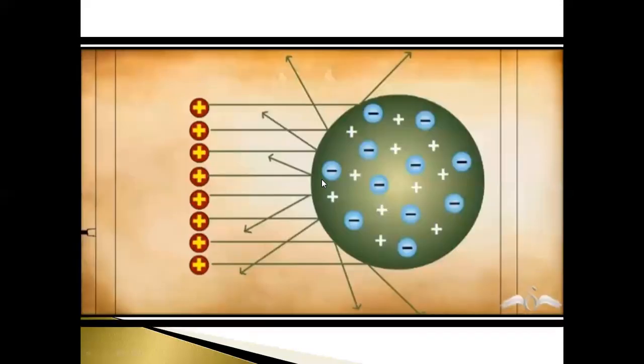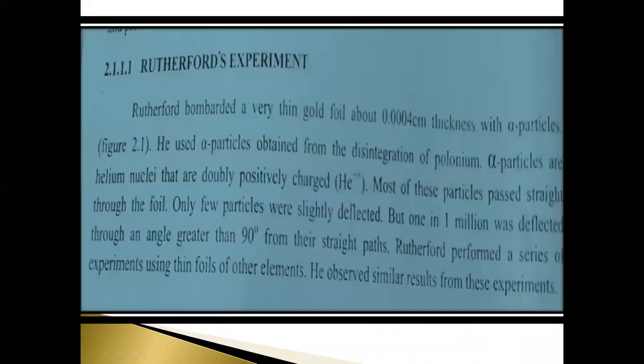Rutherford expected that when he bombarded positively charged particles on an atom, as the outer covering or medium of the atom is made up of protons, the positively charged particles would be repelled by the positively charged medium, and all the particles must bounce back. This he was expecting. But actually what happened? Let us see in Rutherford's experiment.